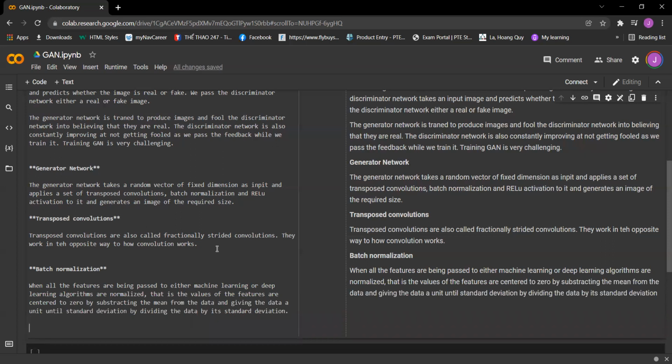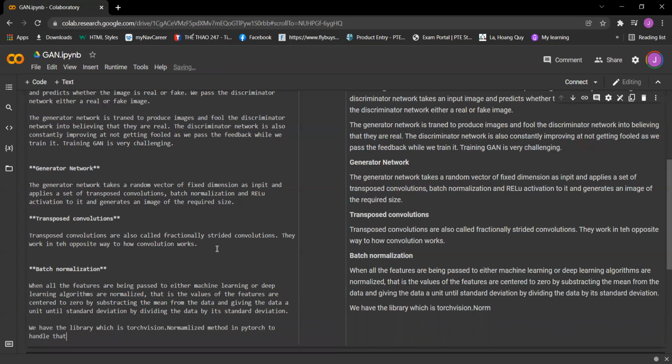So we have the torchvision.transforms.Normalize method in PyTorch to handle that.